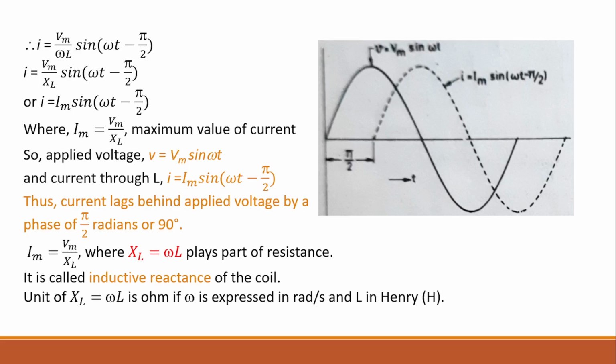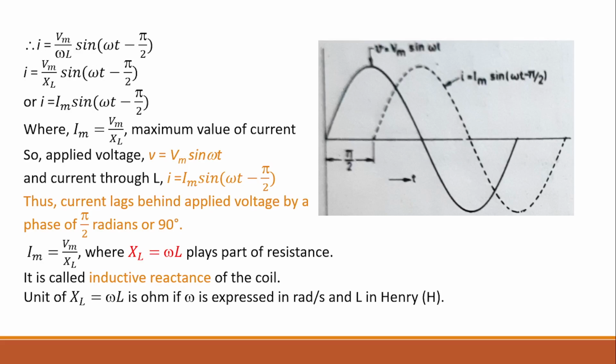You will find that current I has phase less than voltage V by pi by 2 radians. Voltage V has phase angle omega t, while current has phase angle omega t minus pi by 2. That means current lags behind the applied voltage by a phase of pi by 2 radians, that means 90 degrees.